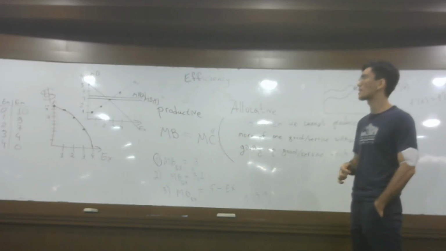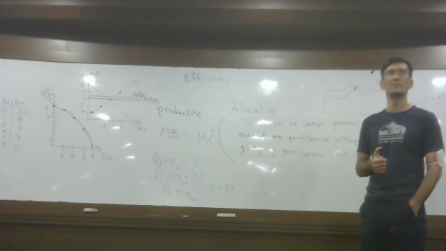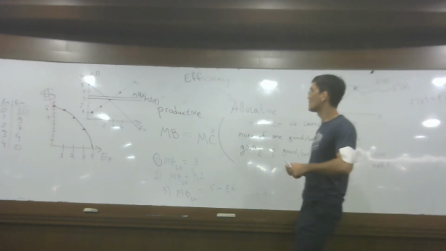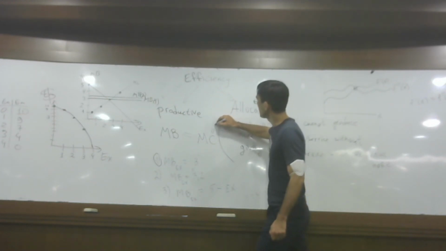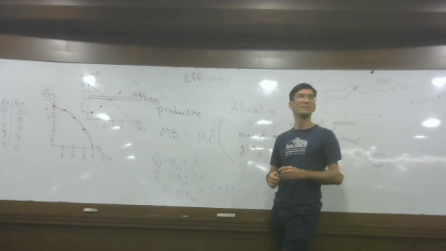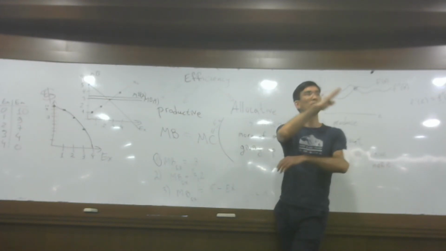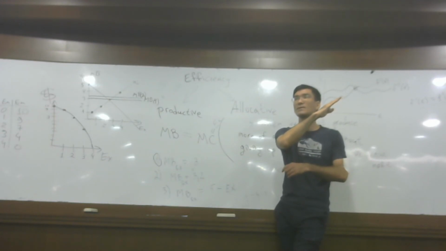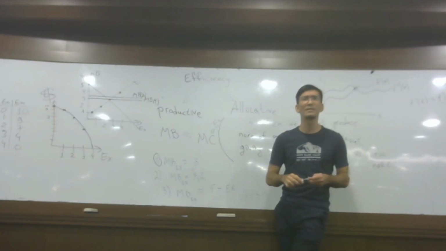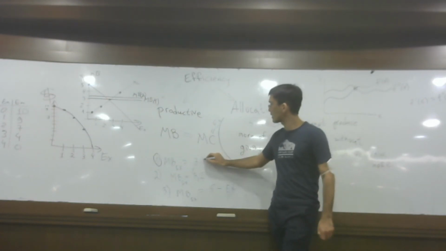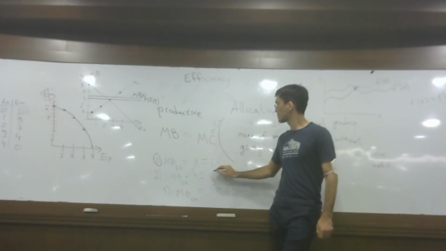First is 1, second is 2, third is 3, fourth is 4. I think it looks like it's equal to EX, right? Because then if y equals x, it's going to be a 45-degree line like this, right? Is that right? So yeah, just equate this to EX.